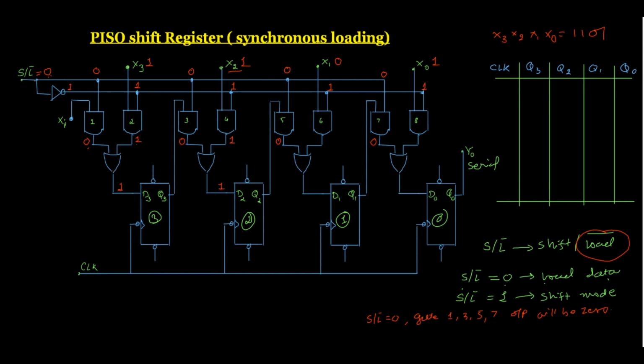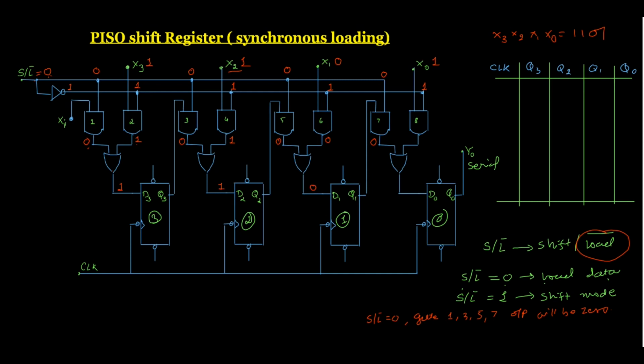Then if we look at this, here this input is high and my x1 data is 0, so the output of the AND gate will be 0, and 0, 0 input to this OR gate makes the output of this OR gate 0, and that is the input to flip-flop number 1.